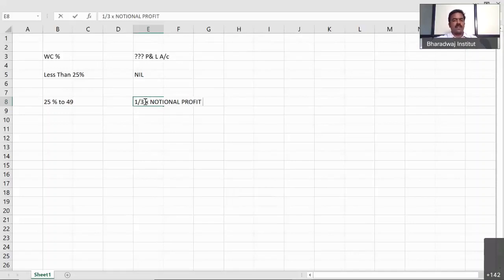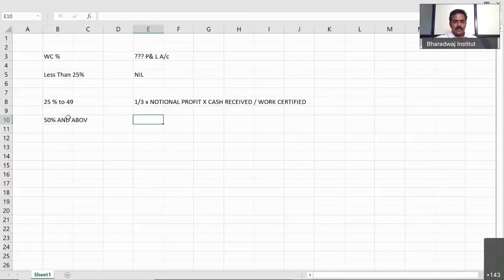Notional profit is calculated by preparing a contract account. Maybe you have learned in costing, multiplied by cash received divided by work certified. This much you transfer. When the contract is completed 50% and above, what do you do?